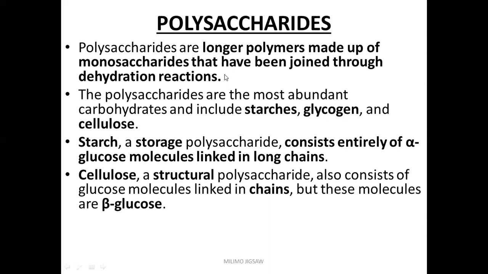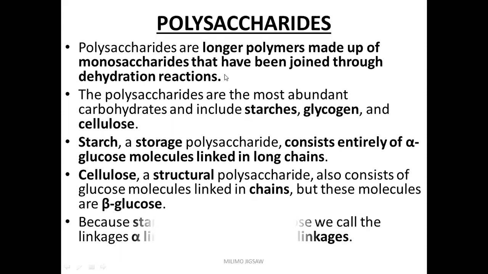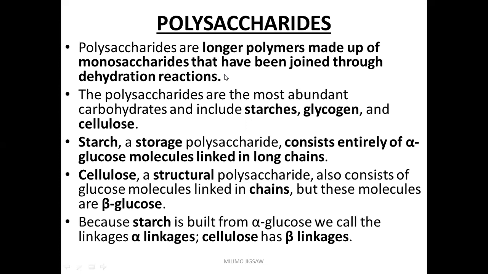So remember, starch has alpha glucose molecules, cellulose has beta glucose molecules. Because starch is built from alpha glucose, we call those linkages alpha linkages, while the linkages in cellulose are beta linkages.